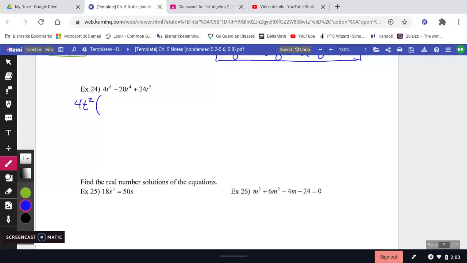So there's a t to the fourth minus 5t squared plus 6. I'm just double checking my exponents that I wrote that correctly. Okay, I did. All right, we have a t to the fourth, but look, it's 3 terms.